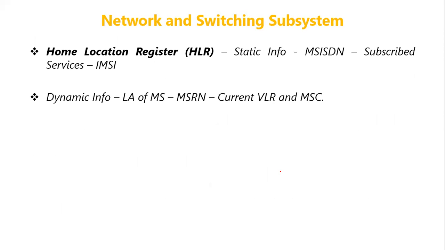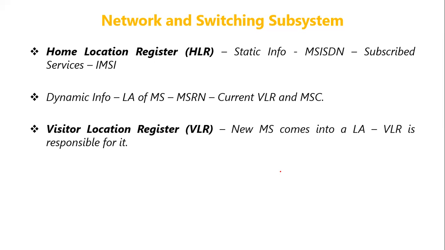It comprises some static information and also some dynamic information. The static information includes the MSISDN, which stands for Mobile Subscriber ISDN number.